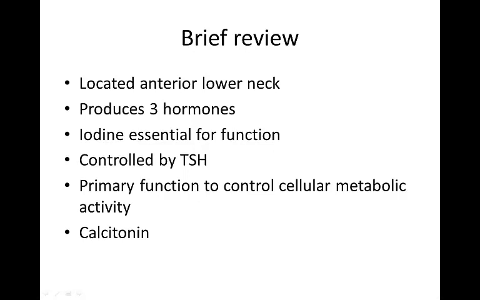The thyroid gland produces 3 hormones: thyroxine, or T4, triiodothyronine, or T3, and calcitonin. T4 and T3 are referred to collectively as thyroid hormone. T4 contains 4 iodine atoms in each molecule, and T3 contains 3.